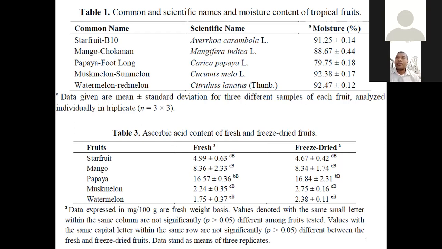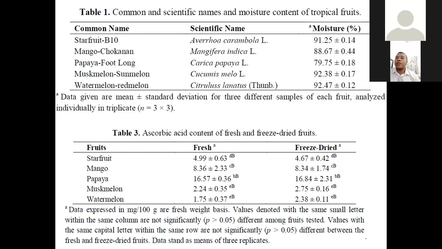And then the second table, Table 3, ascorbic acid content of fresh and freeze-dried star fruit samples. A, what is A? Data expressed in milligram per 100 gram of fresh weight basis. Okay.